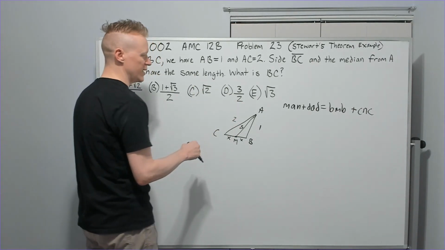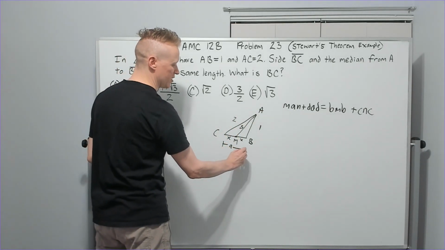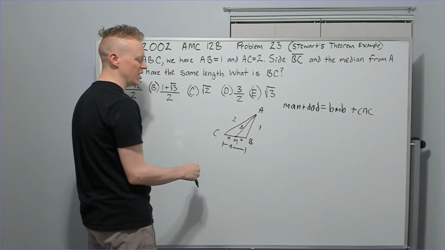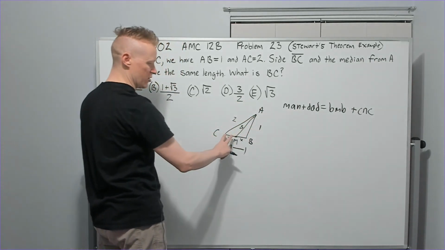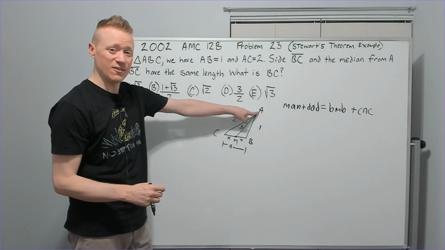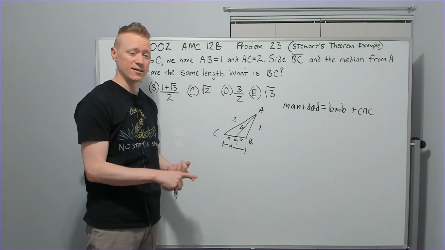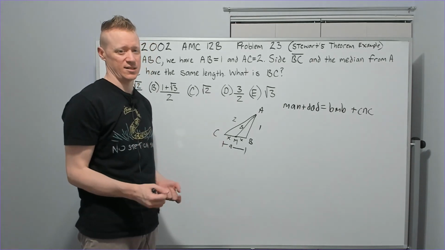Okay? So let's think about the A part. The A part is here, plus I've got a point called M. That could get confusing. Remember that the M and the N are just the two pieces that the cevian creates. And any line from the vertex to the opposite side is a cevian, including a median, including an angle bisector, all of those things. Okay?